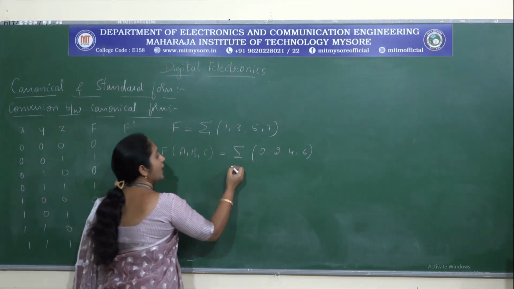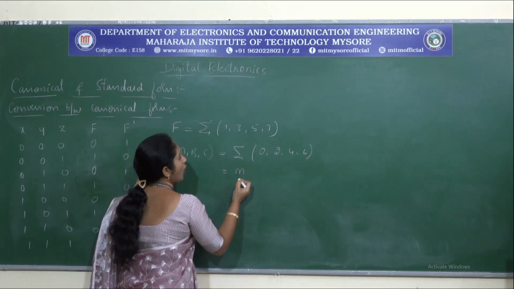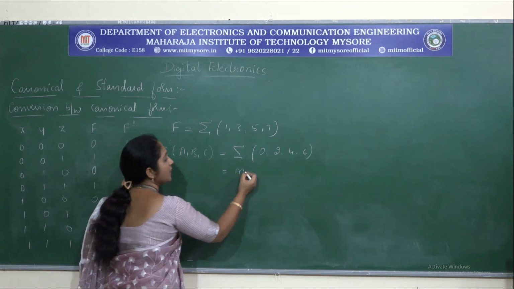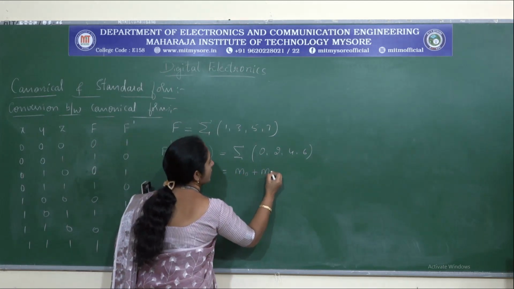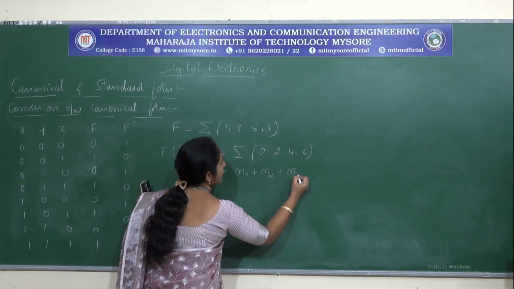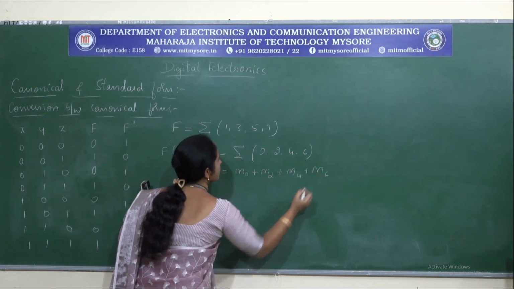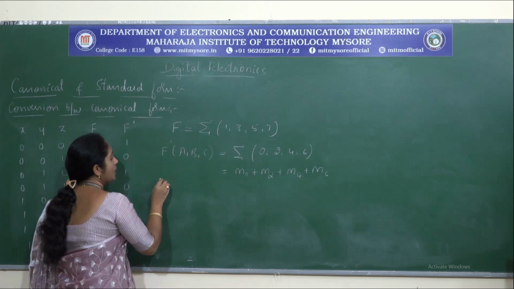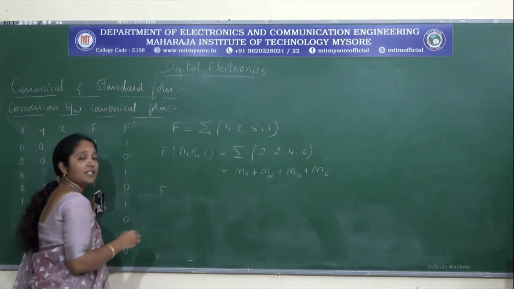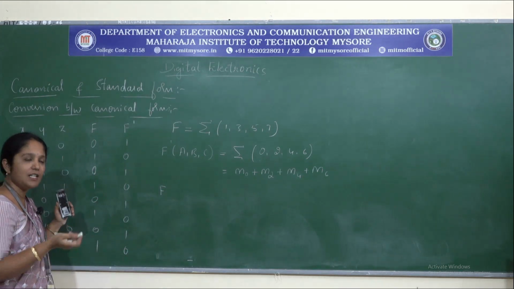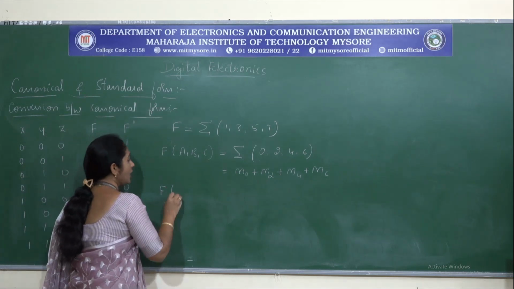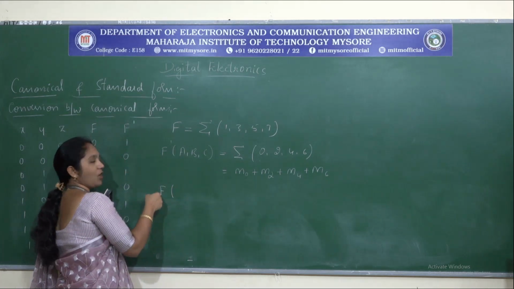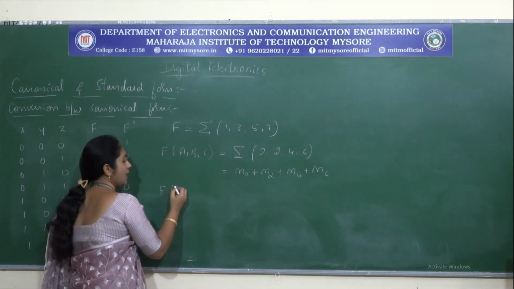Now let us take the complement of this. Before that, let me express this as summation of the Minterms M0 plus M2 plus M4 plus M6. Now let me take the complement of this in order to get f itself, f in another form. So f, whatever I am writing here, is the complement of this f dash.